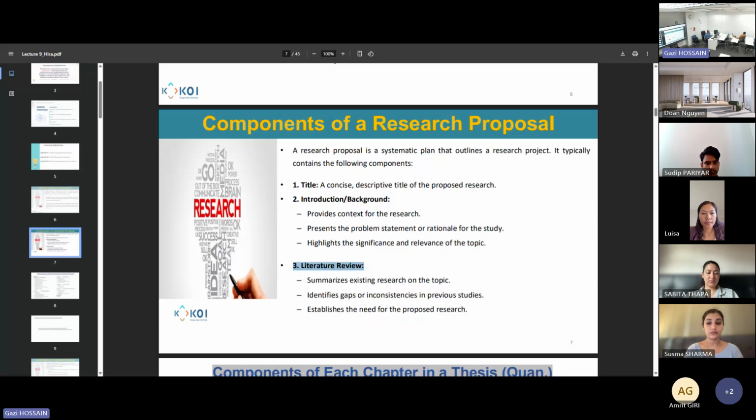For example, John 2017 conducted research on causes of government officers' turnover rate in New Zealand.